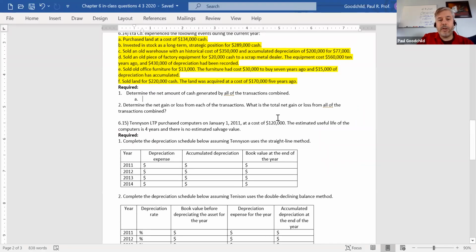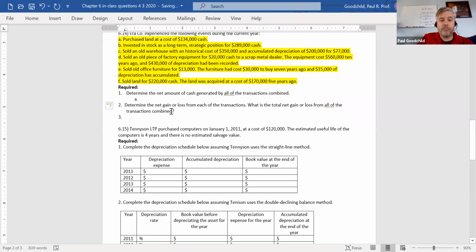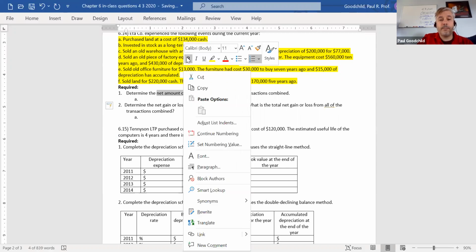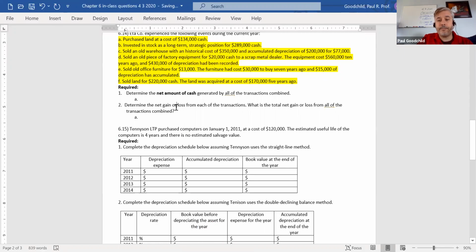No, you're not doing part 2 yet. We're only doing part 1, determine the net amount of cash.